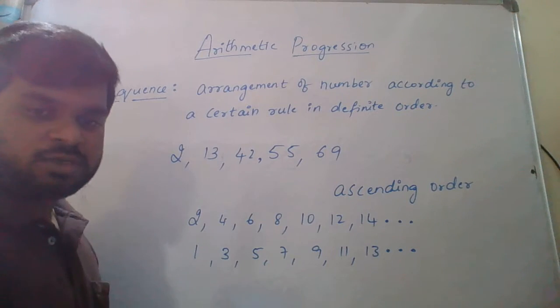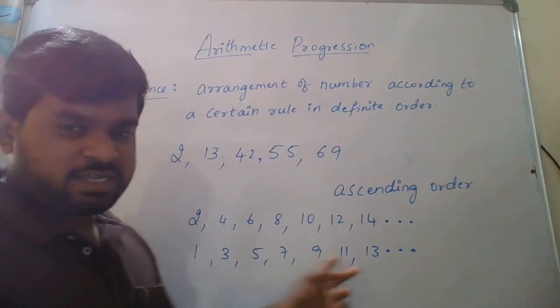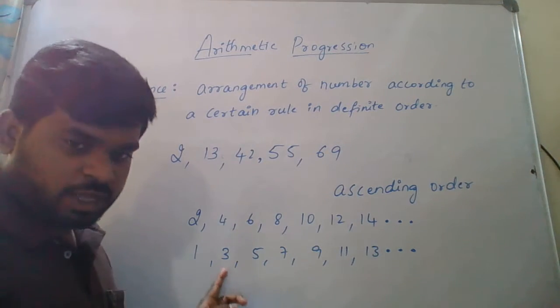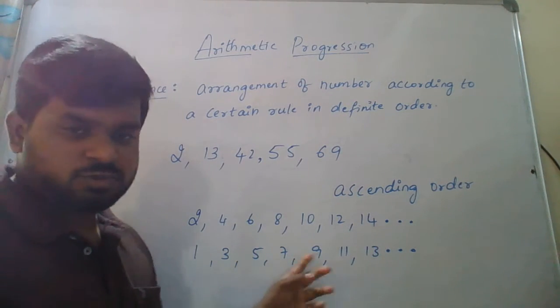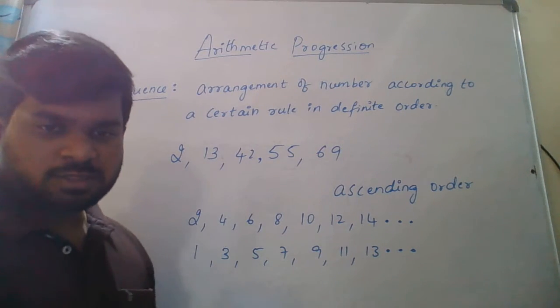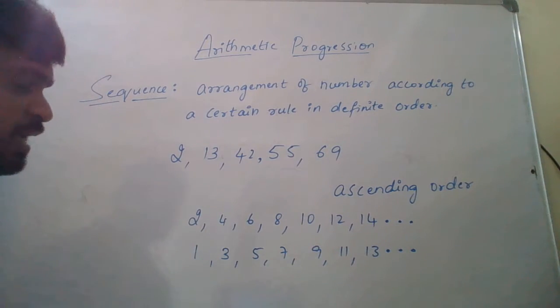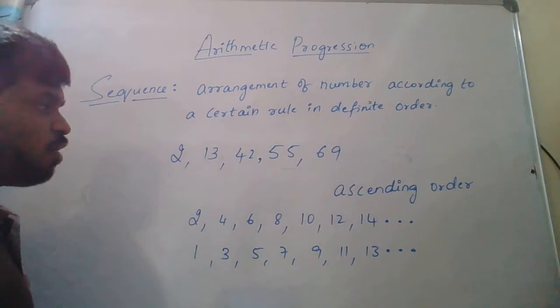This is also a sequence. I can say I've added 2 to each number. 1 plus 2, 3. 3 plus 2, 5. 5 plus 2, 7. Or I can say that it is sequence of odd numbers. There are many sequences. So basically sequence is arrangement of numbers according to a rule.